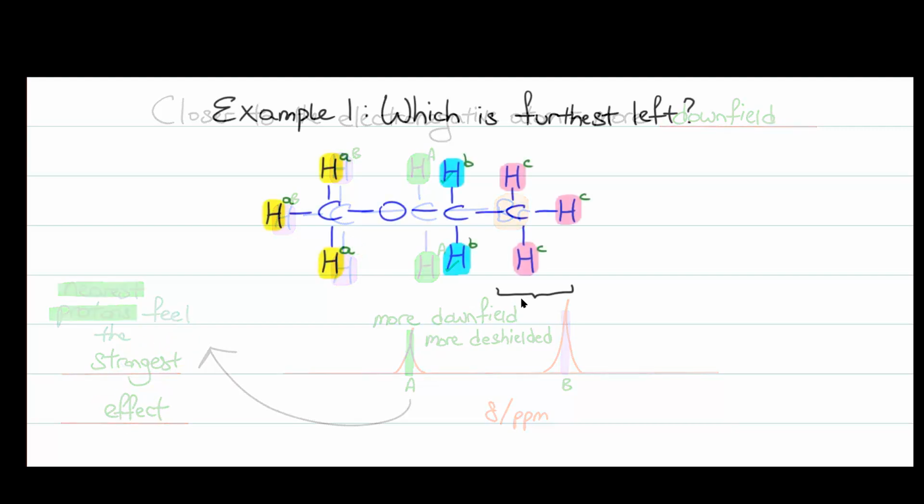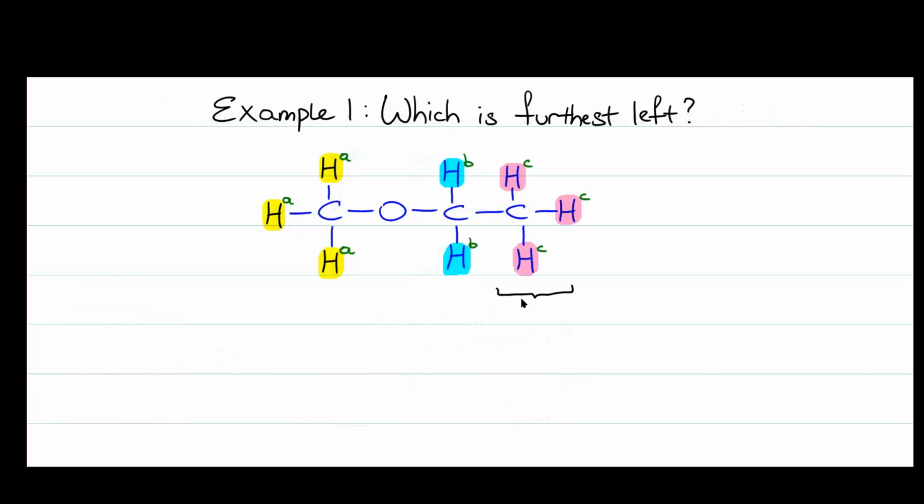Let's try another example, methoxyethane. Here we have 3 proton environments. The protons nearest to oxygen are the most deshielded because oxygen is strongly electronegative. So the terminal CH3 furthest from oxygen is the most upfield.